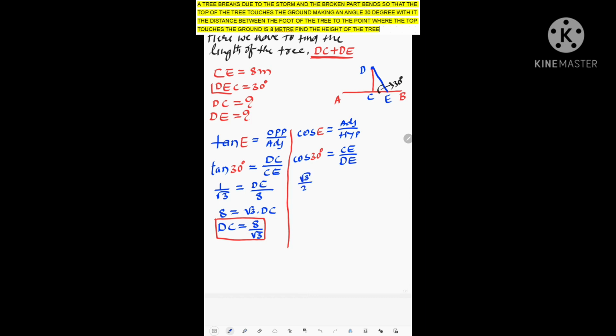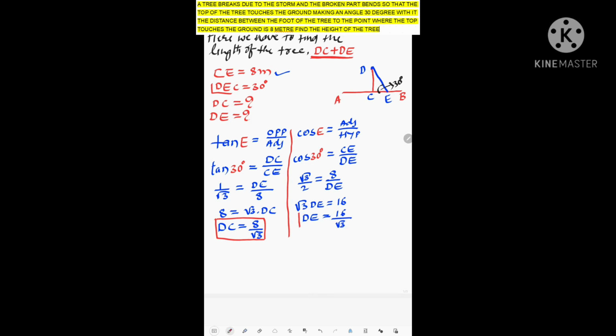Cos 30 is root 3 by 2 is equal to CE, which is 8, divided by DE. Cross multiply: root 3 into DE, 2 into 8 is 16. Now after transposing root 3 to that side, DE is equal to 16 divided by root 3.